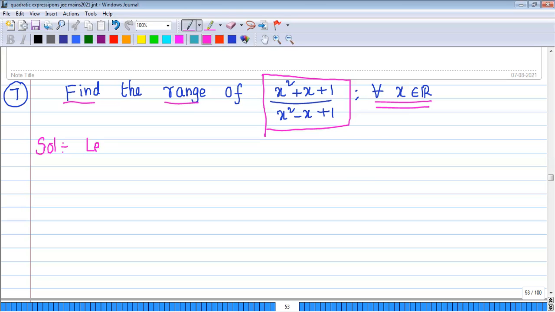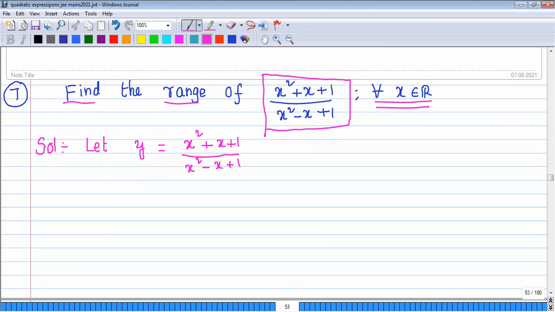Let us say this function is y or f of x. y equals x square plus x plus 1 upon x square minus x plus 1.